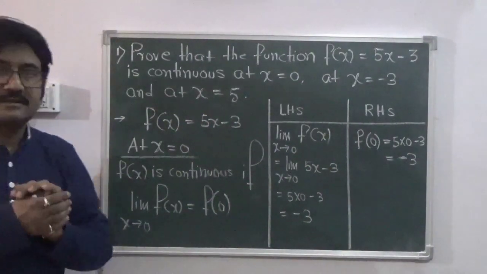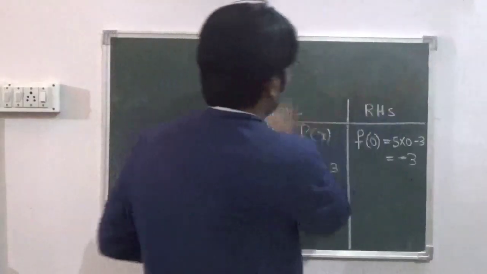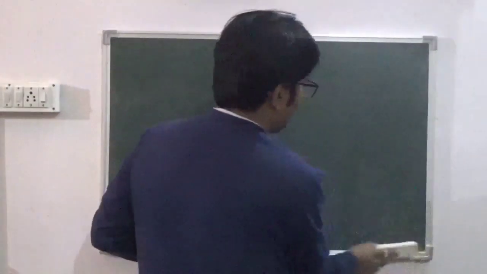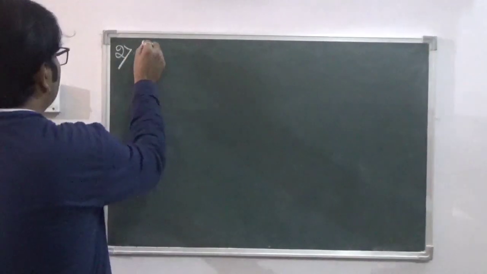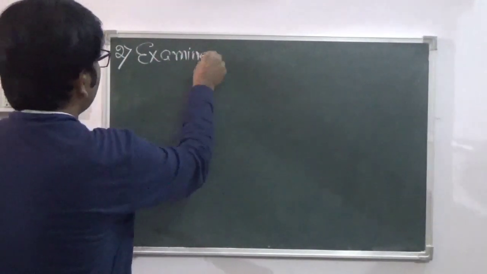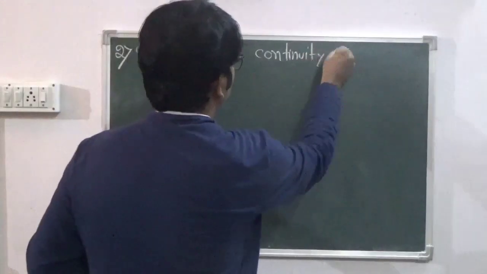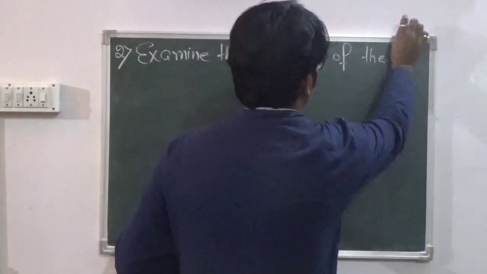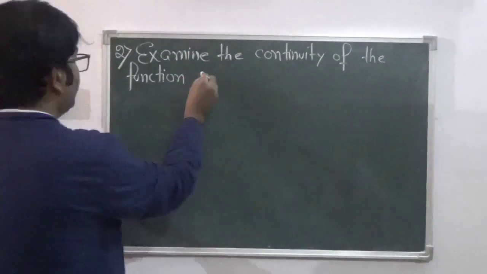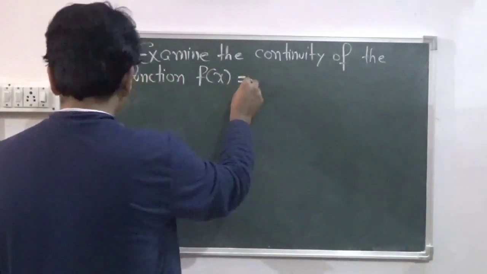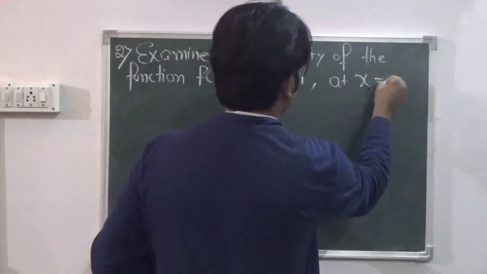Now we move on to the next question. The next question is, examine the continuity of the function f(x) = 2x² - 1 at x = 3.